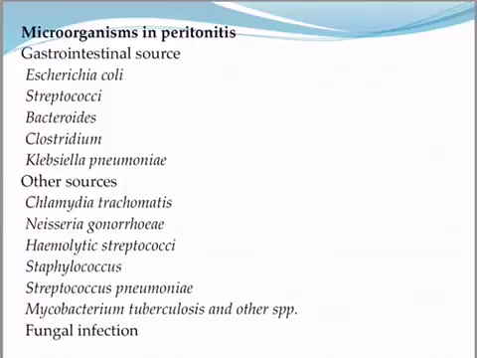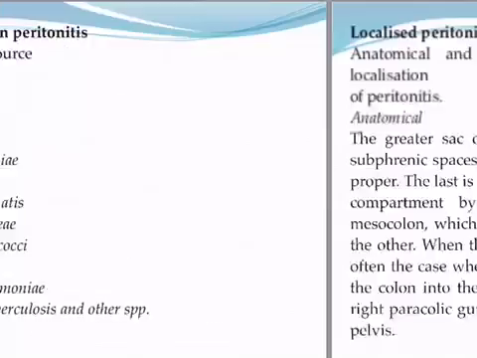Streptococcus pneumoniae and Staphylococcus can reach the peritoneum by hematogenous spread in a subset of peritonitis called primary peritonitis. Mycobacterium tuberculosis and other mycobacteria can reach the peritoneal cavity, causing tuberculous peritonitis. Fungi can also cause some cases of peritonitis.